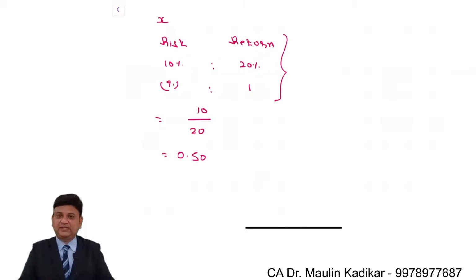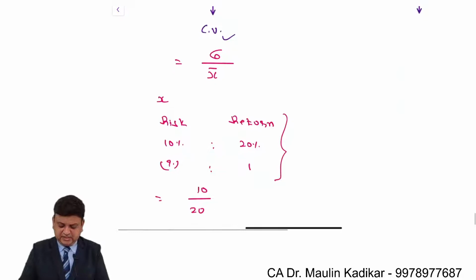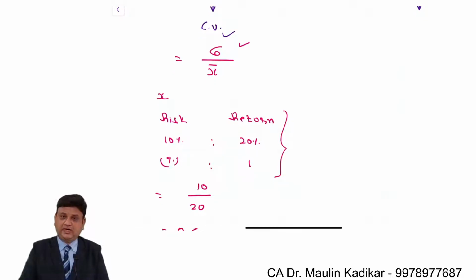Understand it carefully friends, that directly by using this formula also you can compute the answer. Risk of security X is provided to us as 10%, and the return for security X is provided to us as 20%. So the answer is 0.50.